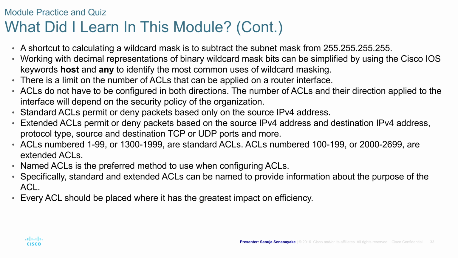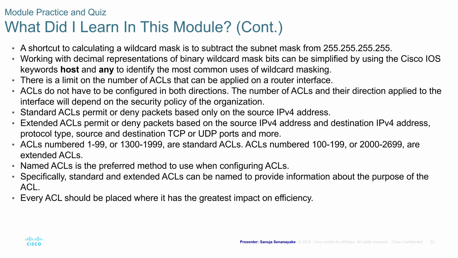Working with decimal representations of binary wildcard mask bits can be simplified by using the Cisco IOS keywords host and any to identify the most common uses of wildcard masking. There is a limit on the number of ACLs that can be applied to a router interface, and we learn ACLs do not have to be configured in both directions.